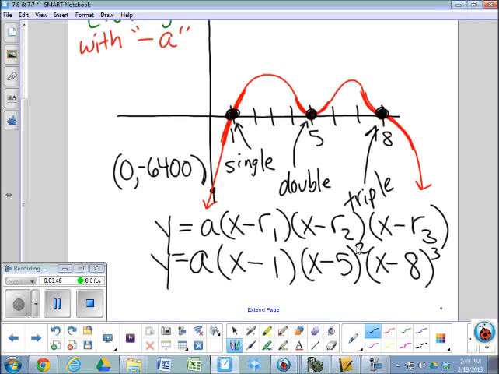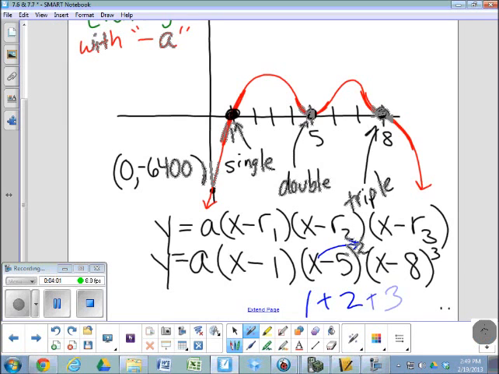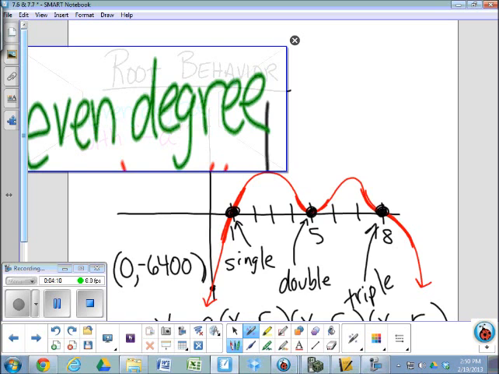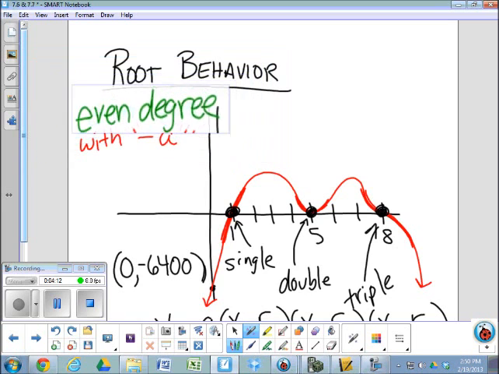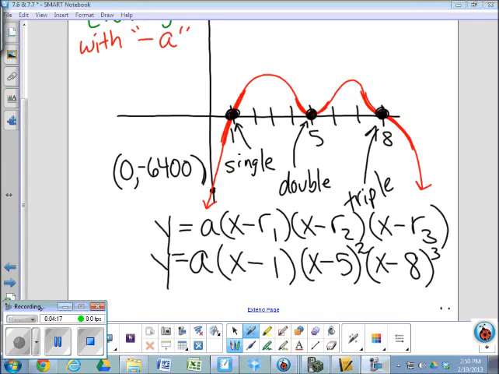So now when you count up the degrees here, we have x cubed, which counts for how many x's? 3, plus 2, plus 1 for a grand total of 6. The degree is 6. Was our prediction correct? The degree is 6. There's a single, double, and triple all in the same graph.